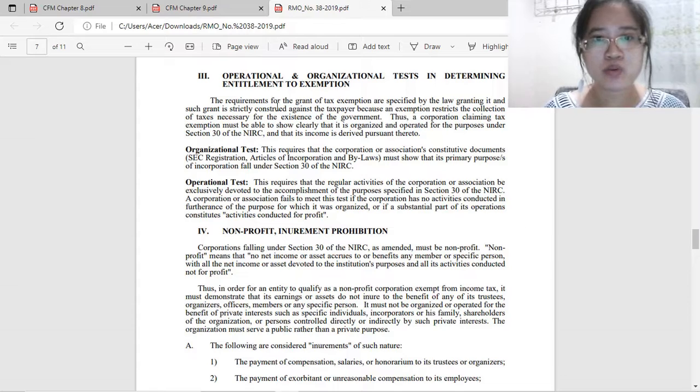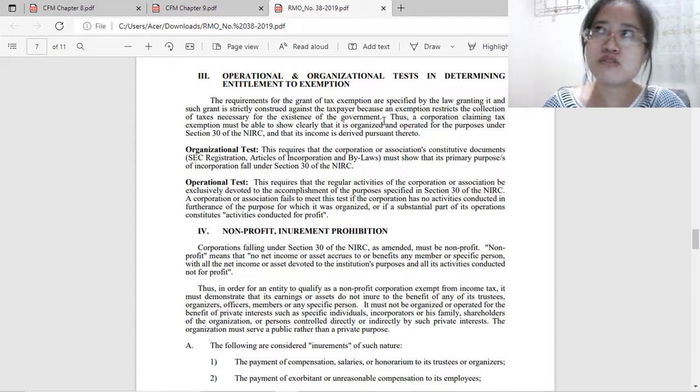The requirements for the grant of tax exemption are specified by the law granting it, and such a grant is strictly construed against the taxpayer, because an exemption restricts the collection of taxes necessary for the existence of the government.